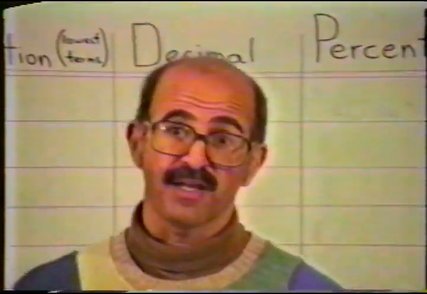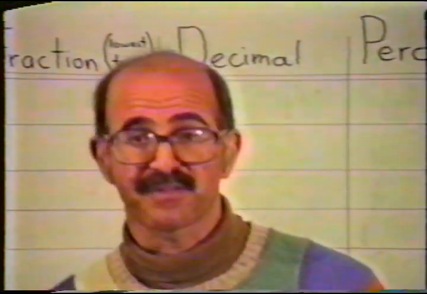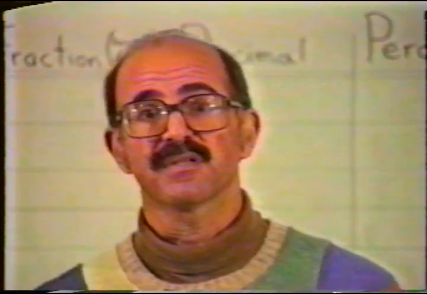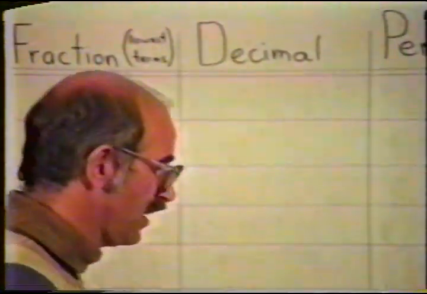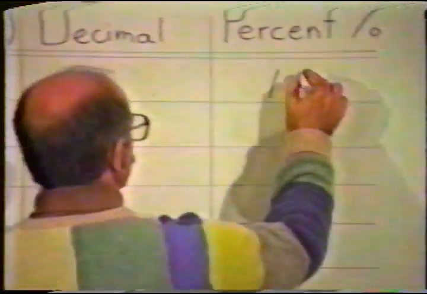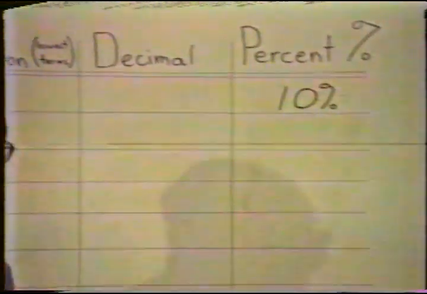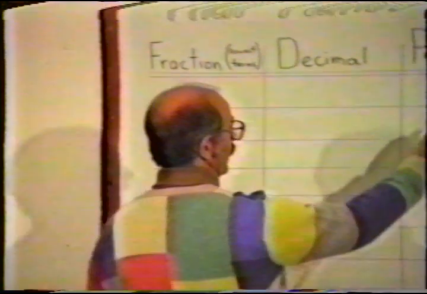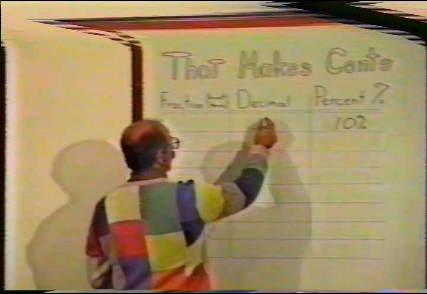even having to think. Among them are the ones involving tenths, such as 10%, 20%, 30%, 40%, and so on. Let's start with 10%. I need to move the decimal place back to the left 2 places and I get 0.10.